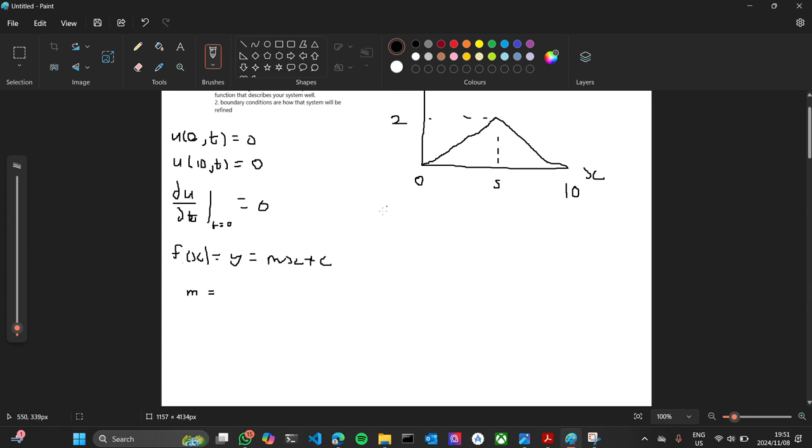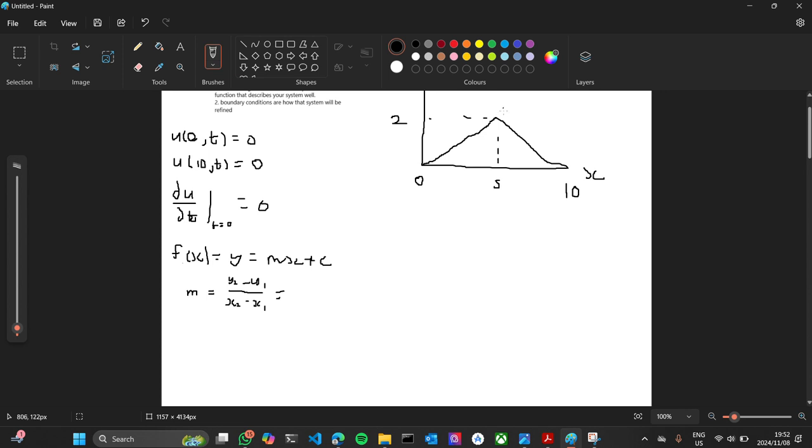The gradient here will be y2 minus y1, where y in this case is our displacement, over x2 minus x1.